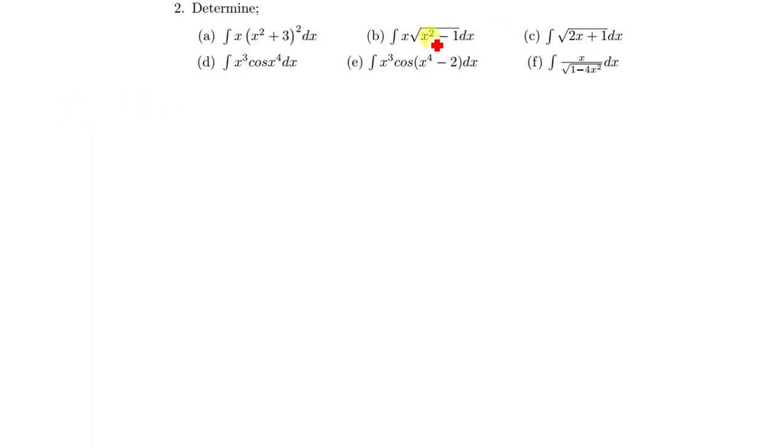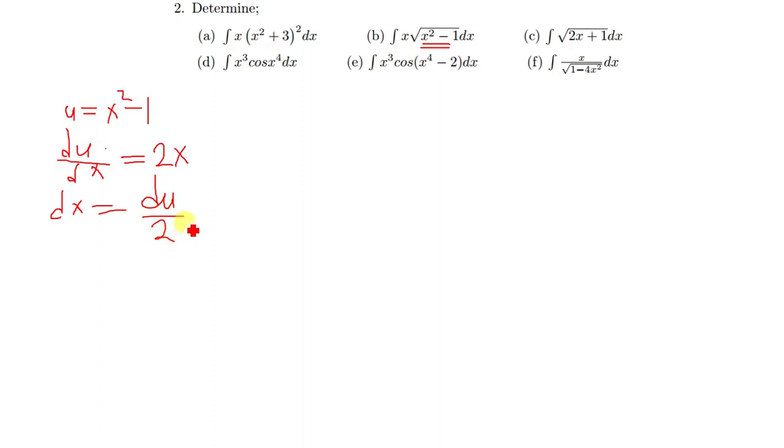So for this one, again, I'm going to choose my u to be x squared minus 1. So let u be equal to x squared minus 1. So du dx will now be equal to 2x, meaning my dx there will just be nothing but du over 2x.